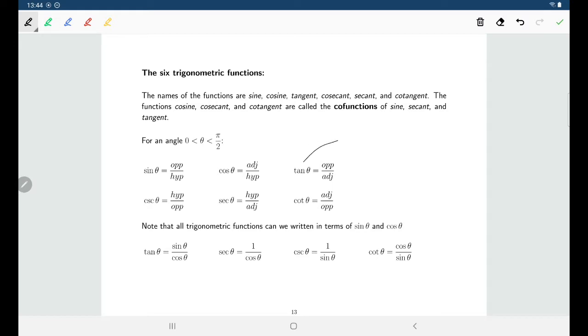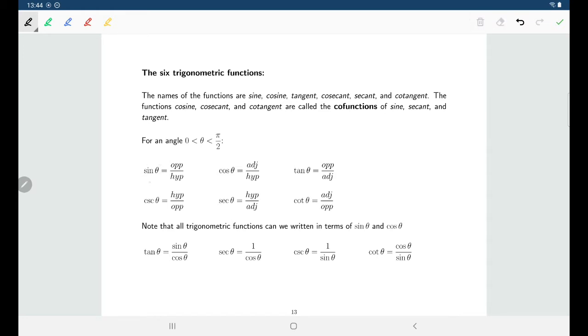This is kind of a similar thing to when we were talking about logarithms. These are not logarithms at all, but in the same sense where when we were talking about a logarithm, log base a was the name of our function and x was the input for that function, the same sort of thing is going on here. When I say sine theta, sine is the name of my function and theta is the thing that's going into that function.